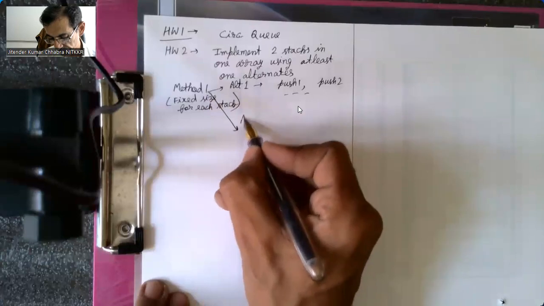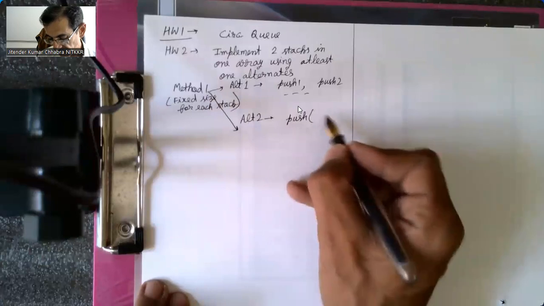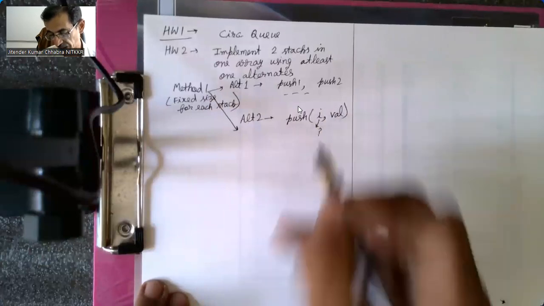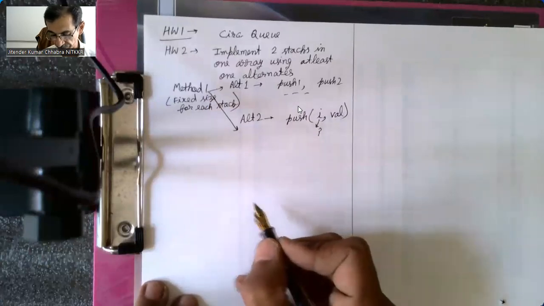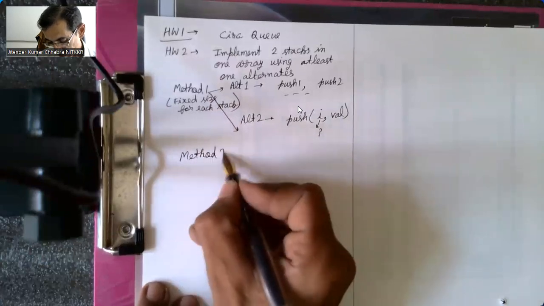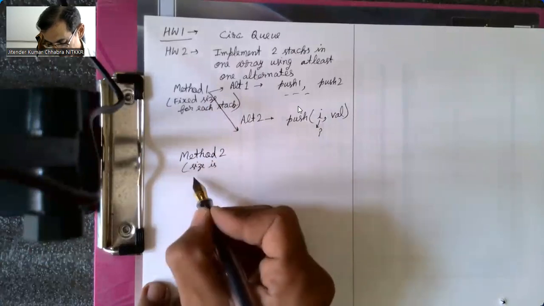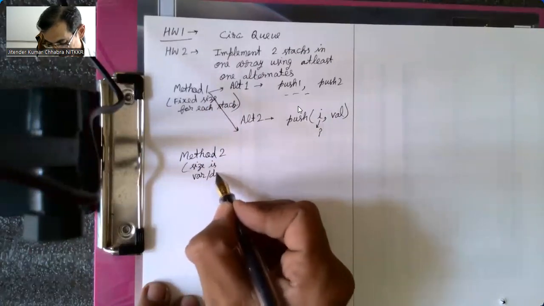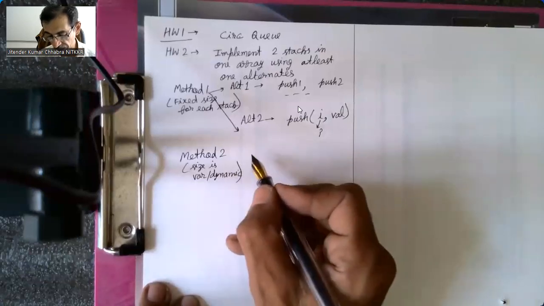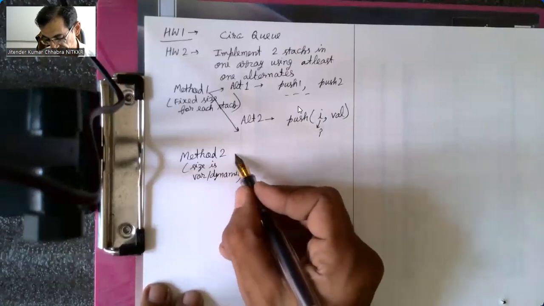Method 2 can also be implemented using another alternate where you write one push function where you pass your I also, to find which stack number to be used for push. And the third alternate is corresponding to method 2 where the size is variable or dynamic based on the other stack also. So both stacks will become full. Otherwise, each of them will be able to push in case some space is left.